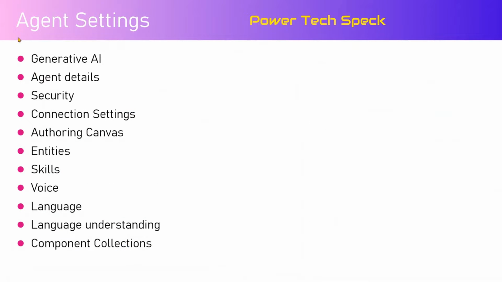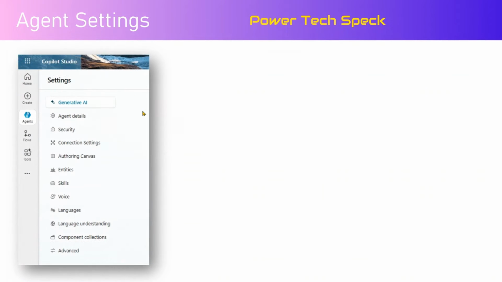If you navigate within an agent, you get more options in terms of generative AI, configure agent details, configure the security, connection settings, authoring canvas, configure the entity skills voice, set up language, language understanding configuration, and also work on the component collection. So this is how the left menu will look like.